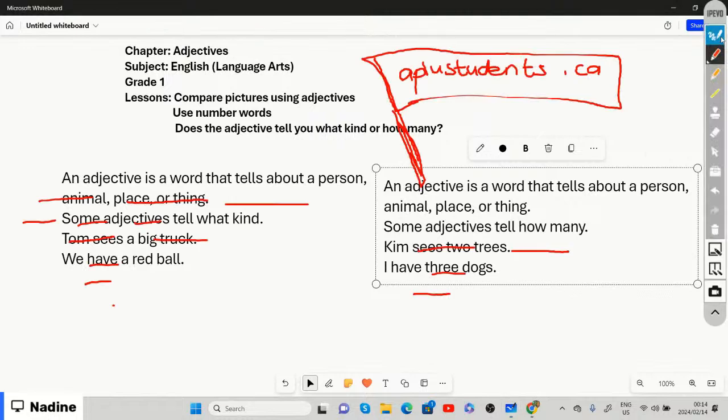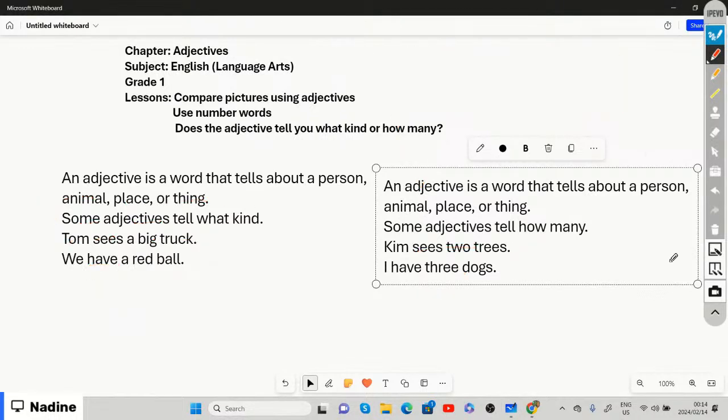Before we go to aplusstudents.ca, once again, our chapter is adjectives, English language arts, grade 1, and our lessons are to compare pictures using adjectives, use number words, and does the adjective tell you what kind or how many?